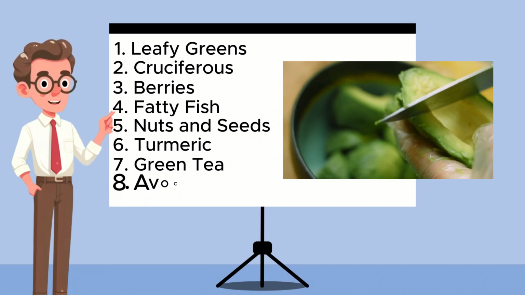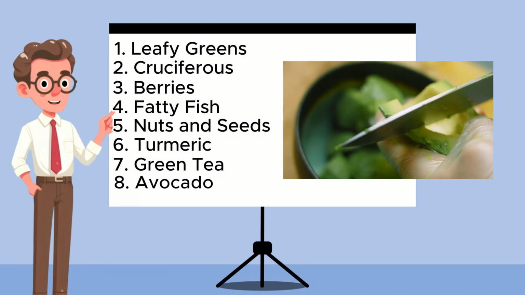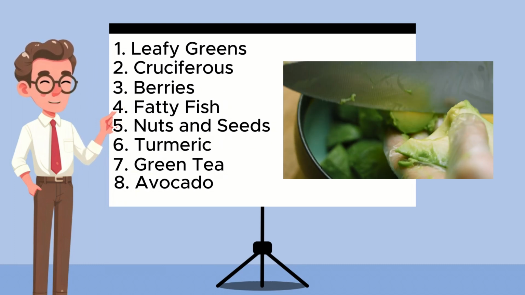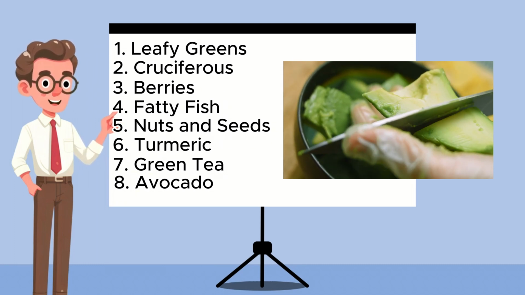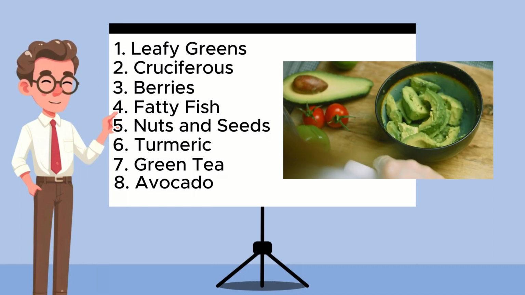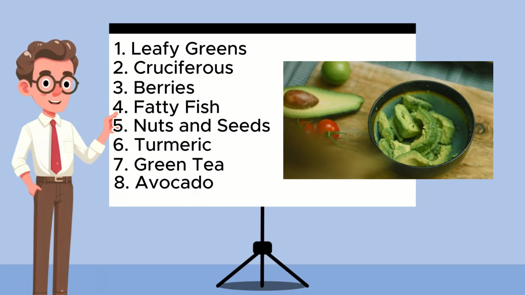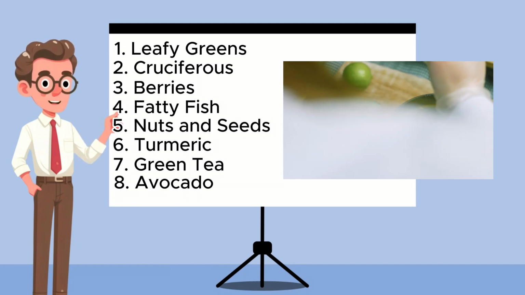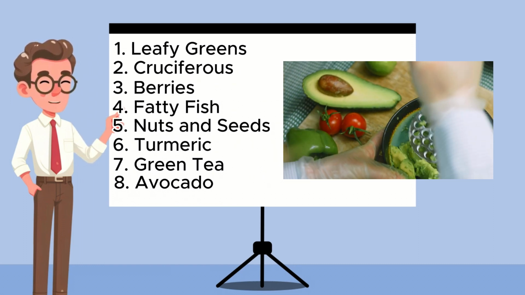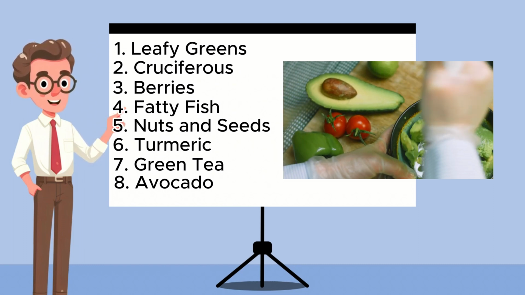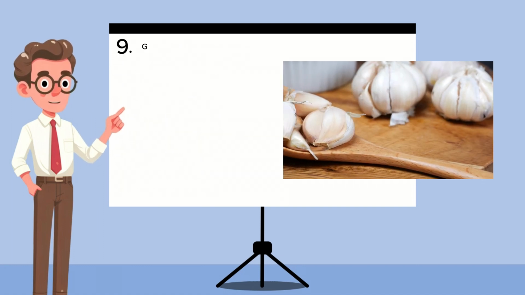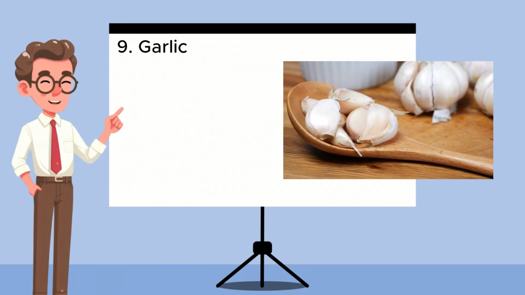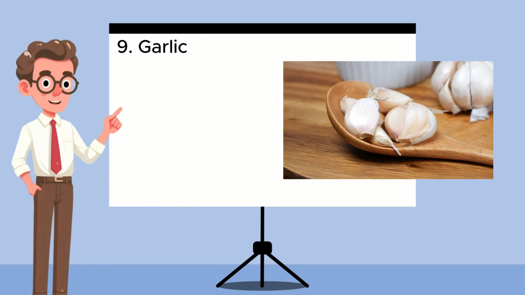Number 8. Avocado is a nutrient-dense superfood that provides healthy monounsaturated fats, fiber, vitamins, and minerals. It also contains compounds that support liver health, including glutathione, a powerful antioxidant involved in detoxification processes. Number 9. Garlic contains sulfur compounds that support liver detoxification and help reduce inflammation.